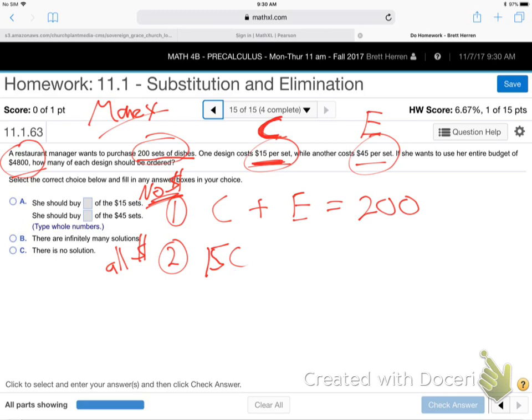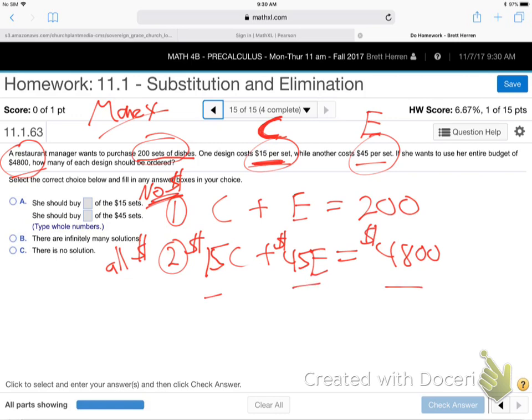However many cheap sets times $15 per cheap set, plus however many expensive sets, E stands for how many expensive sets, times $45 per expensive set, must be the total money spent, $4,800. See how it's money, money, money? Money all the way.